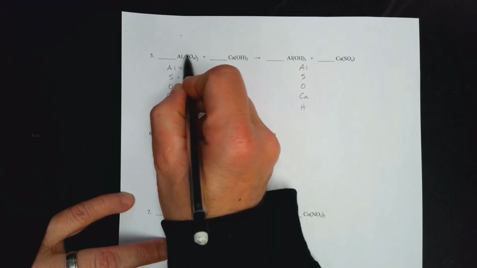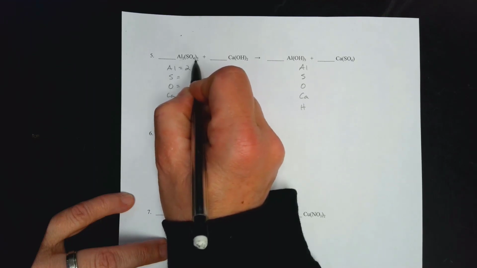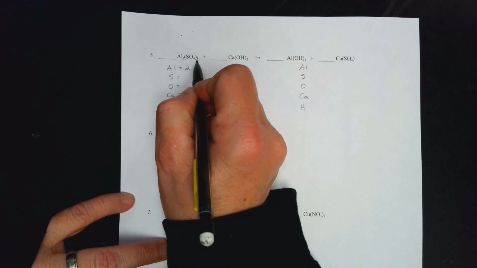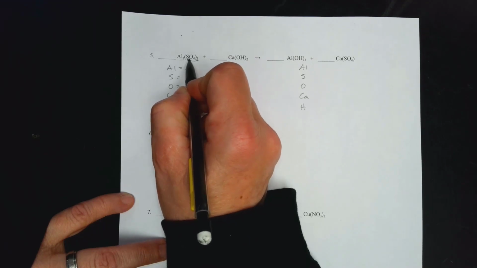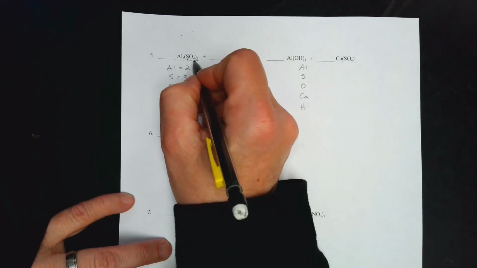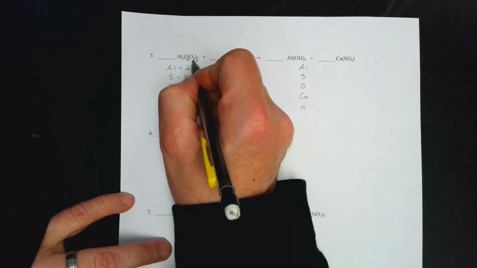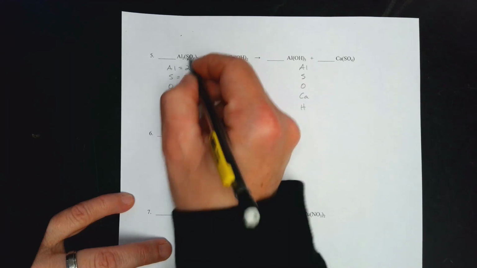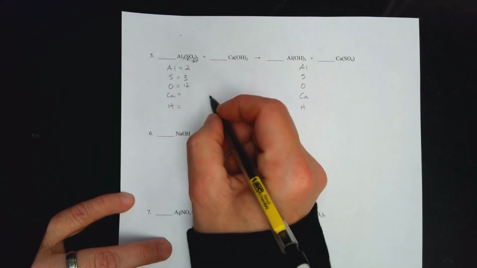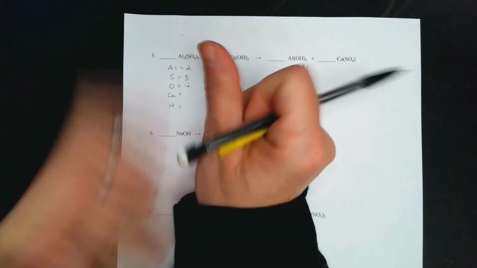Because these parentheses mean that everything inside these parentheses is related to this subscript. So I have to multiply that. So I have 3 times 1 sulfur is 3. Now I've got 4 oxygens in the parentheses, which means I have to multiply those 4 oxygens times 3, which gives me 12 oxygens.